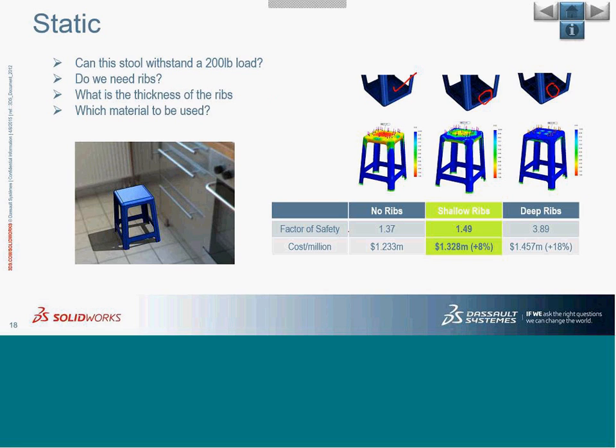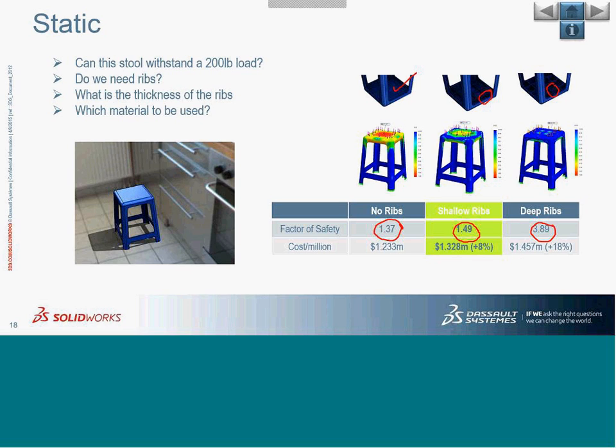Now, if you see the results below, the design with no ribs has a factor of safety of 1.37, and the one with deep ribs is actually far stronger. However, I'm happy with a factor of safety of around 1.5. This should be good enough for me for an application like a stool. And if we consider cost, you can see the variation that is happening.